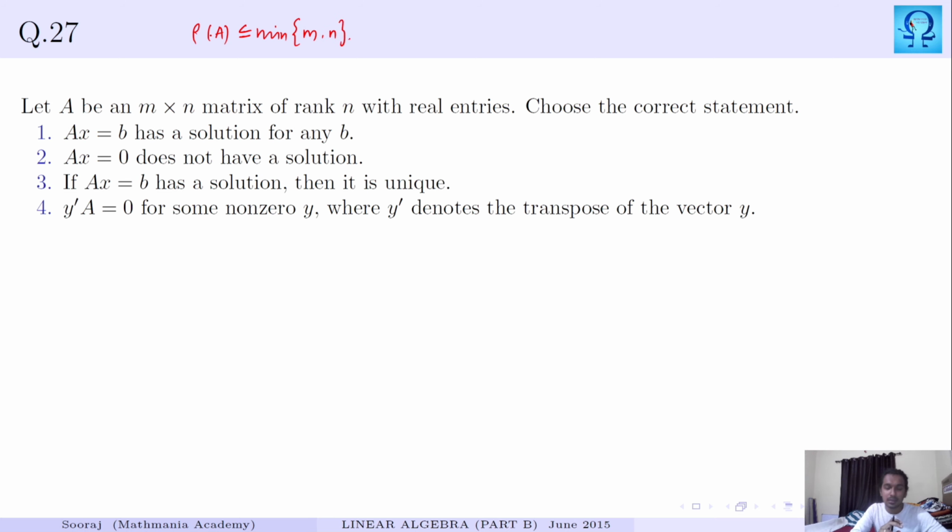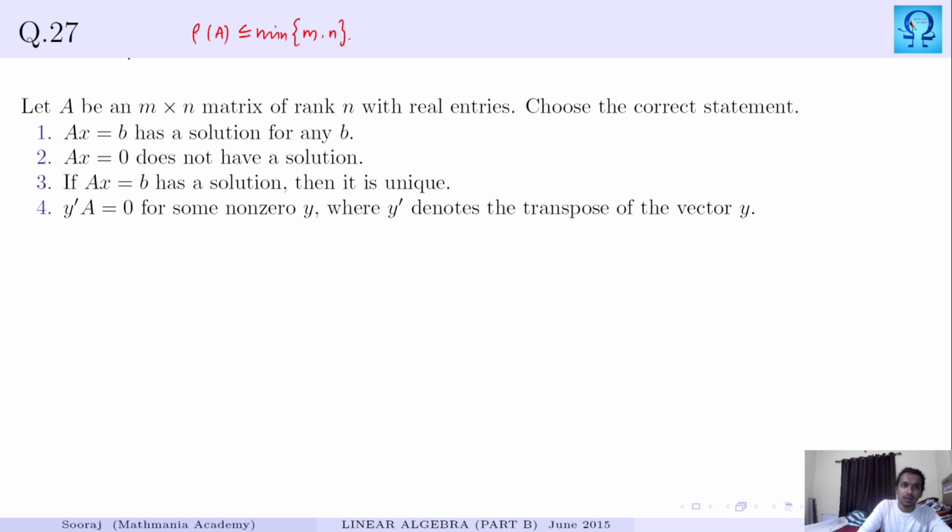Basically, rank is the number of independent rows or the number of independent columns. At most it can be equal to the minimum of the number of rows and columns. So this is the simple information that is given to us. A is any m by n matrix with rank n and real entries. Now we'll have to choose the correct statement.